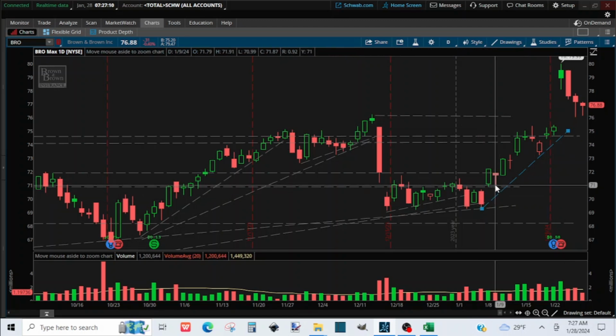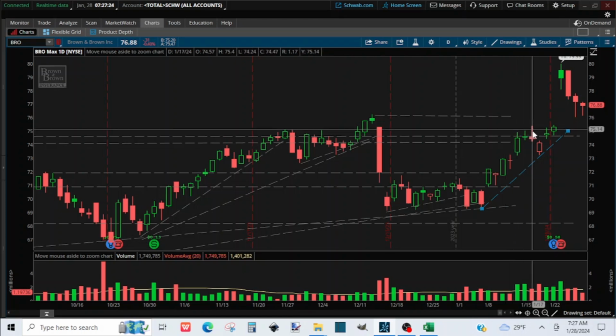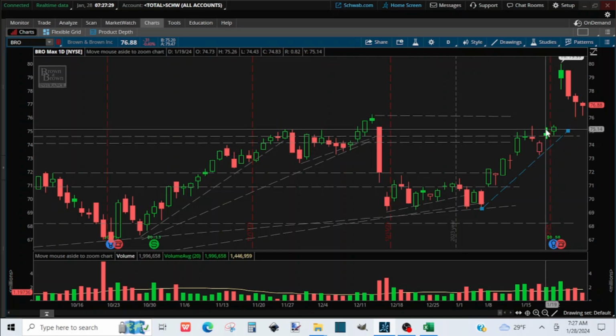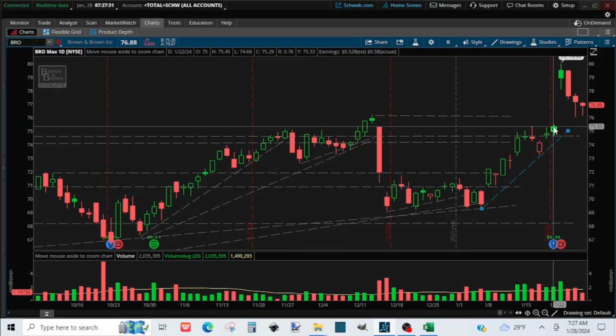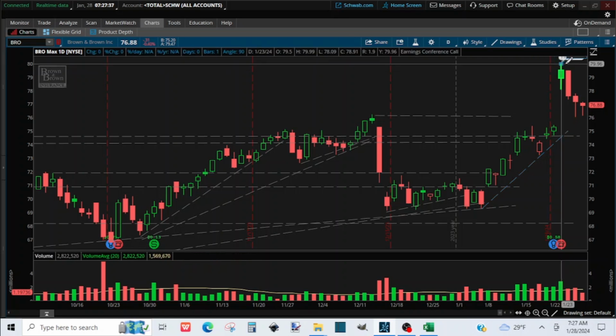But it created a higher low here, went up, created even a higher low here, went up, touched this major line, went up, went down, after it went up, and really reached this peak on earning day.